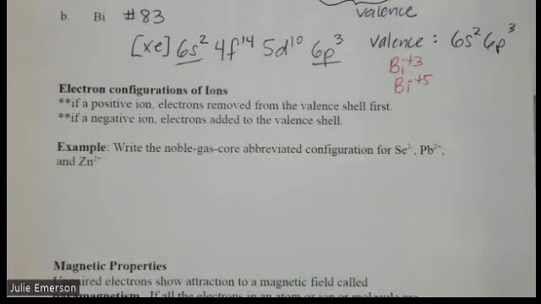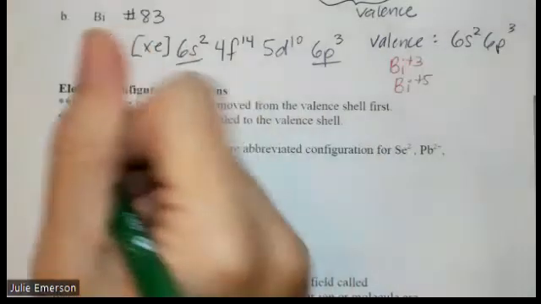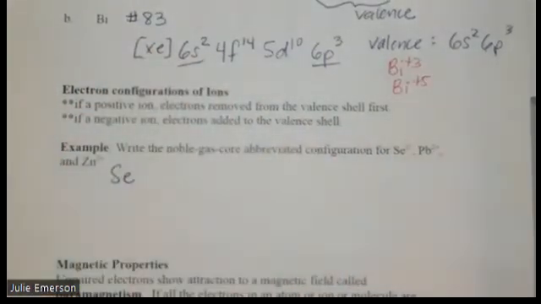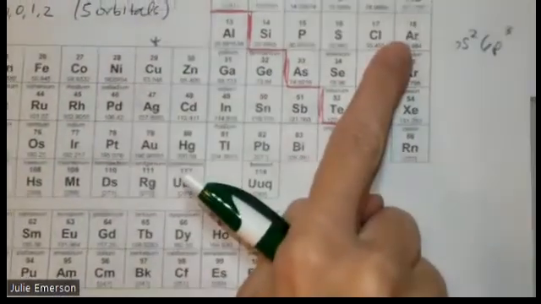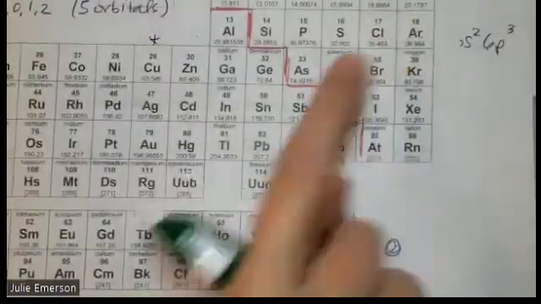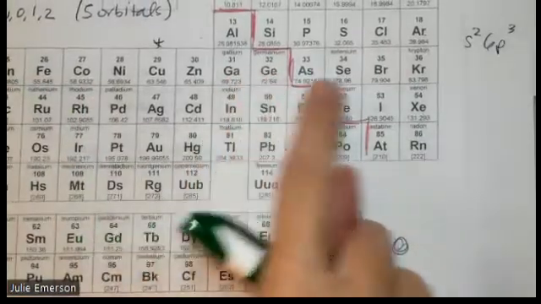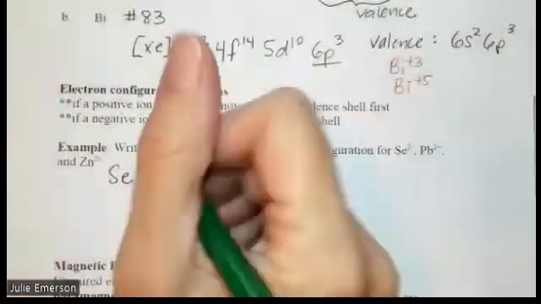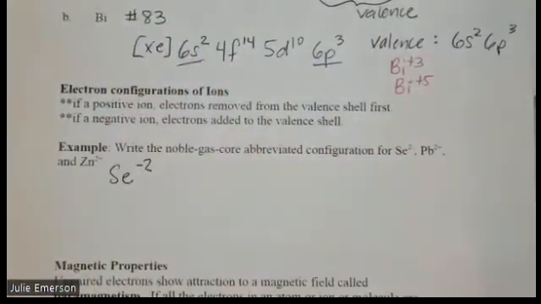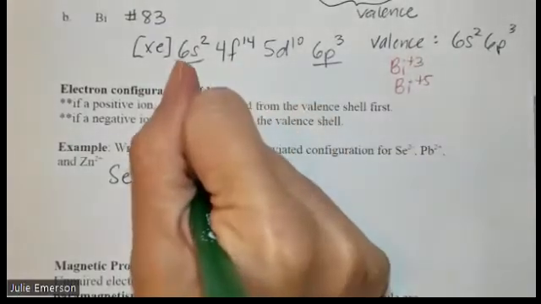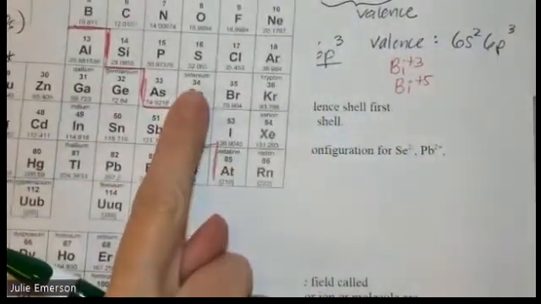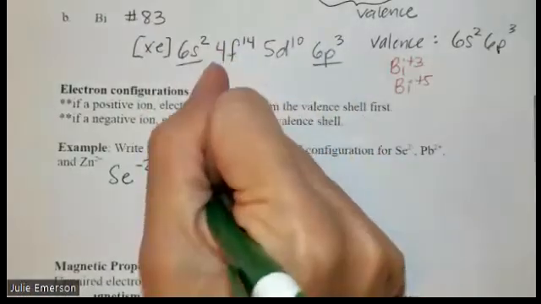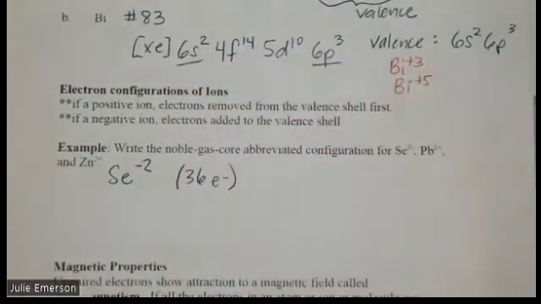All right, so selenium, -2, we looked at this earlier. Selenium, we started out with the 34 electrons, and we talked about it having an argon core, and then past that it would have the 4s2, 3d10, 4p4. But if we're looking at the selenium anion with a -2 charge, which means it has 2 extra negative particles, so instead of 34, it now has 36 electrons total.